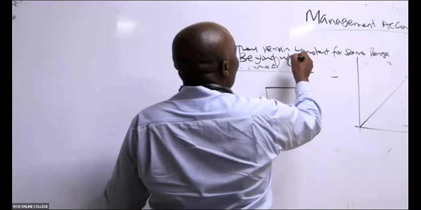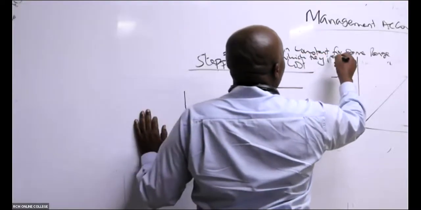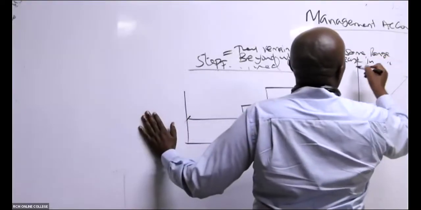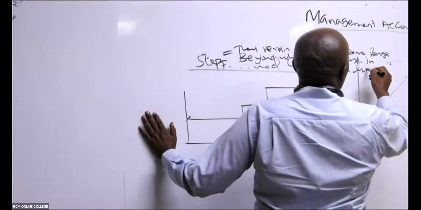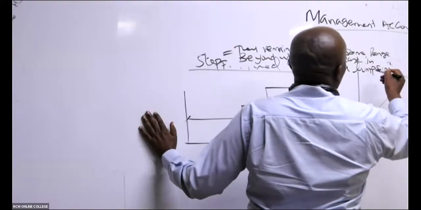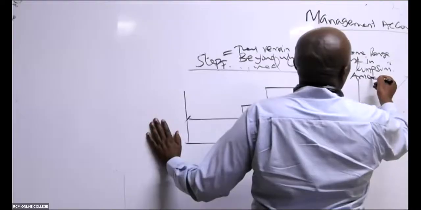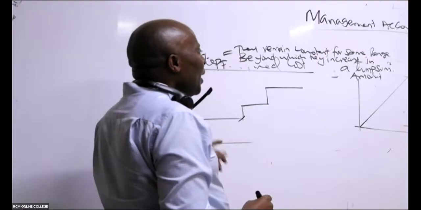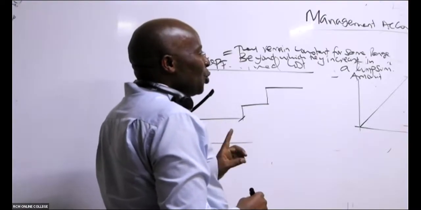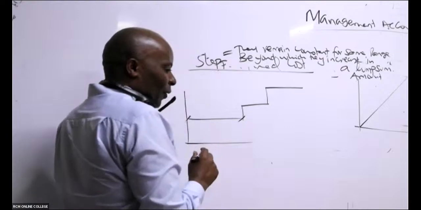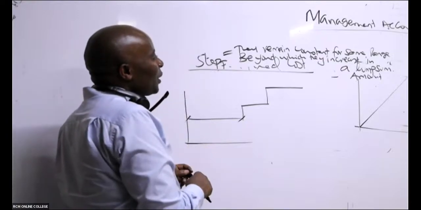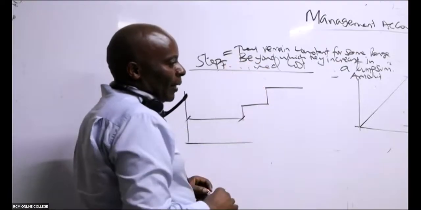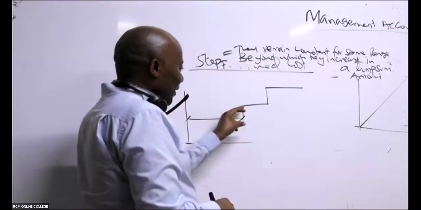They remain constant for some range, beyond which they increase in a lump sum amount. So the lump sum is the step.